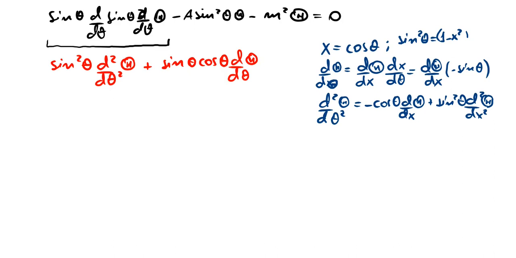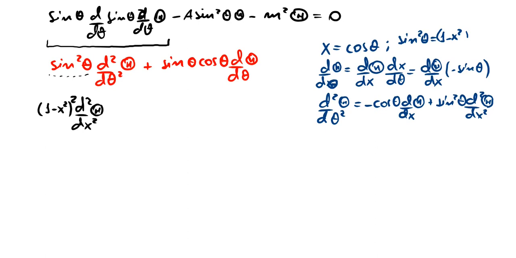So let's start to substitute this thing here. Here I have sine squared, which I can already put as 1 minus x squared, as I said. Then I have the second derivative of theta, with a sine squared, so there will be again 1 minus x squared, second derivative of theta, right?